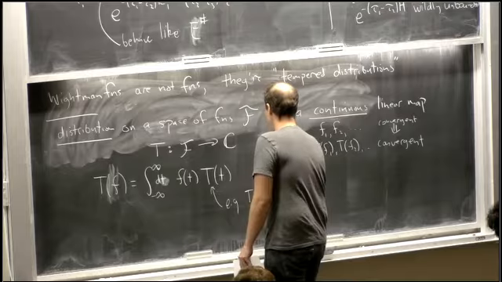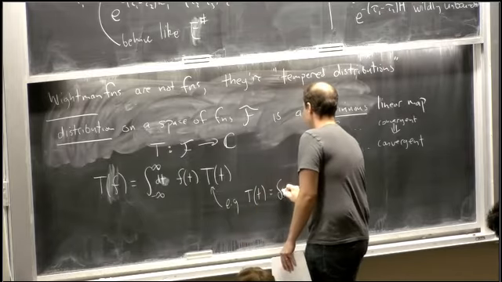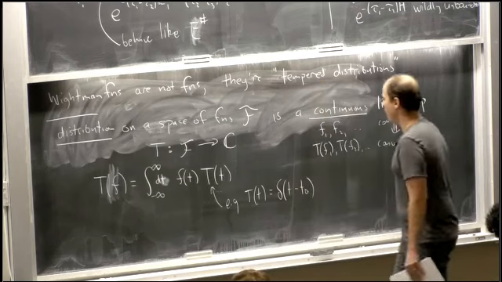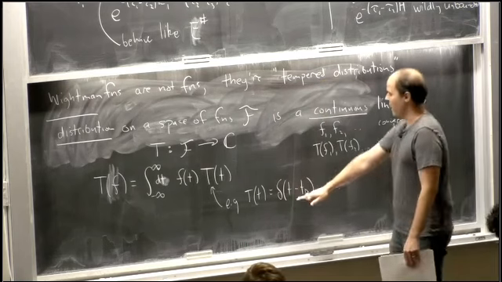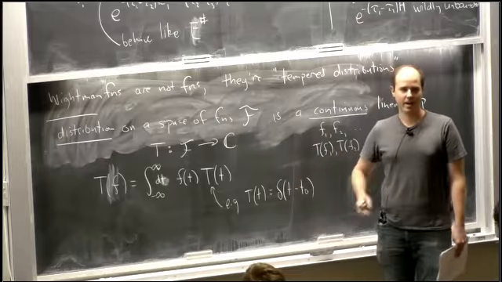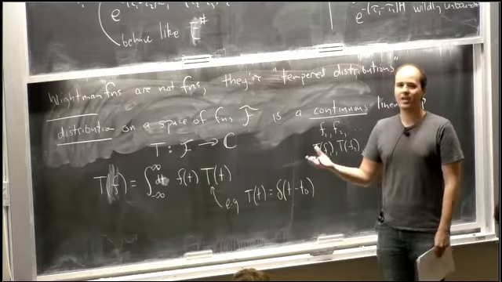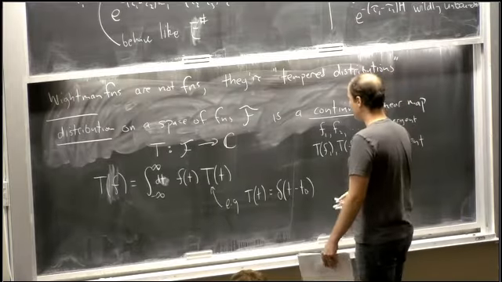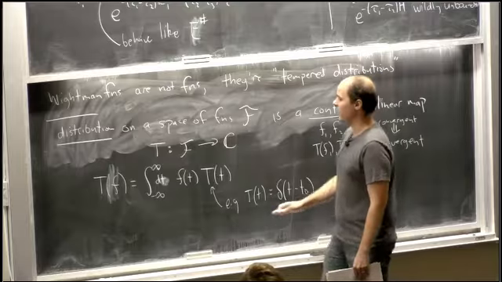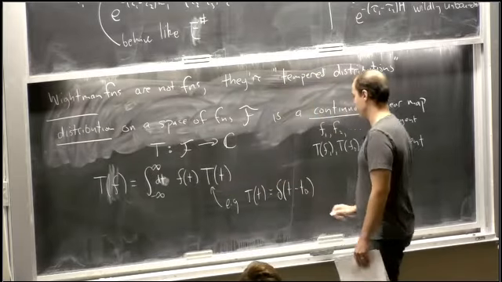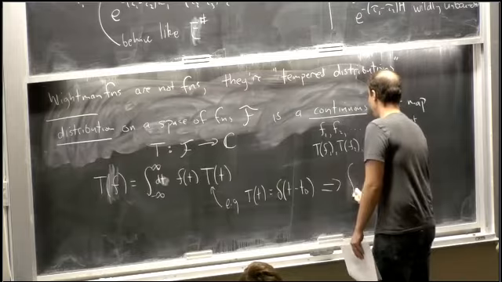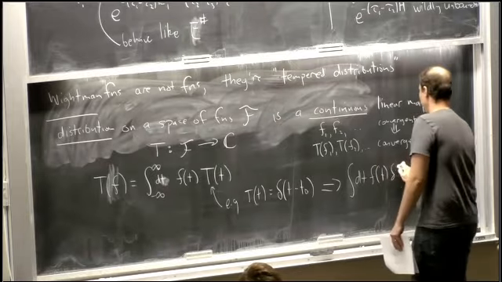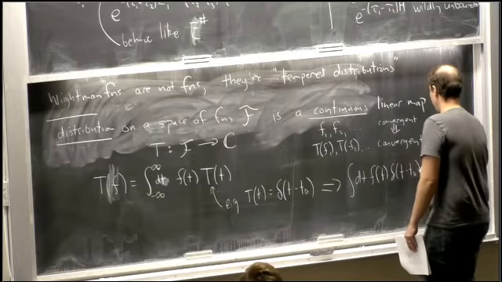We could have T of t equal to a Dirac delta function of t minus t naught. This thing is not actually a well-defined function. It doesn't have a value at t equals t naught. Instead, it's really defined by saying what its pairing is with a test function. The Dirac delta function is defined by the statement that the integral dt of f of t times delta of t minus t naught is f of t naught.